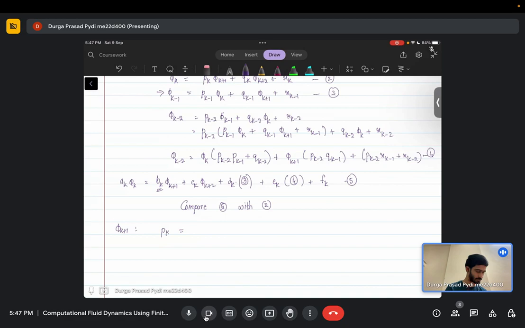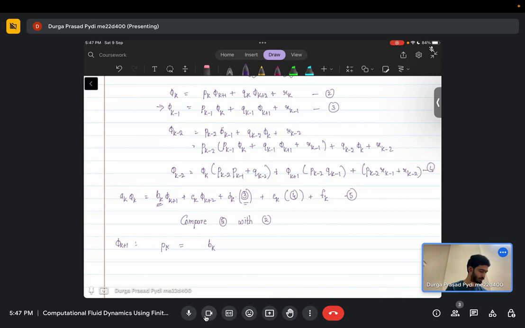Phi k plus 1 has a coefficient here bk, and in equation number 3 we have a coefficient for the k plus 1 term. So that will be plus dk times the phi k plus 1 coefficient, which is qk minus 1.